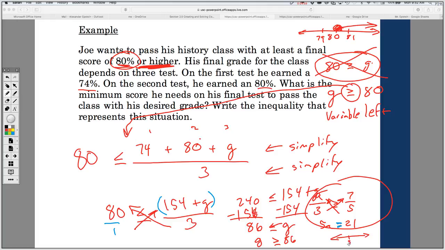So we would circle, shade, it's an arrow, it's pointing here. And yes, that makes sense because I want to get a higher test score, not a lower one, if I'm shooting for an 80%. So this means that I can score 86% and above, and I will get 80% in the class. All right. Any questions on this?